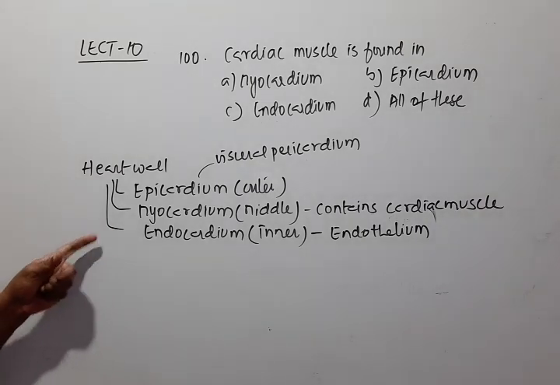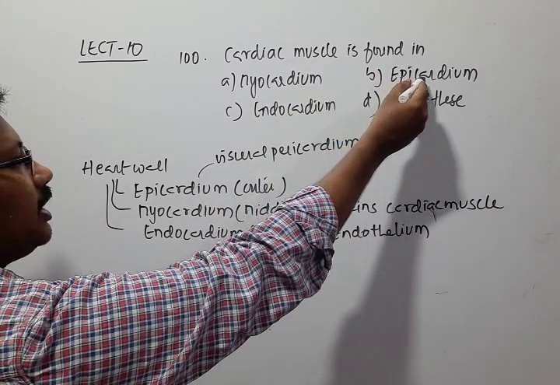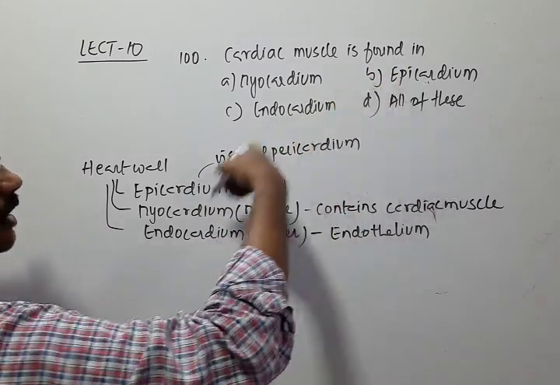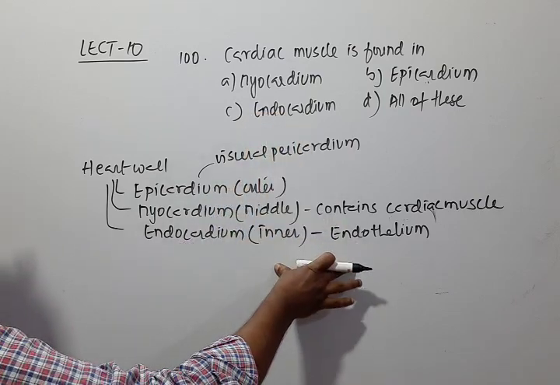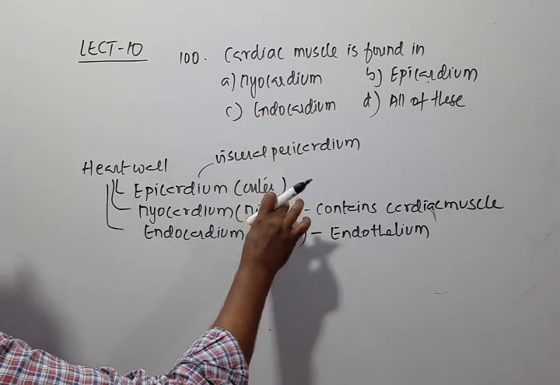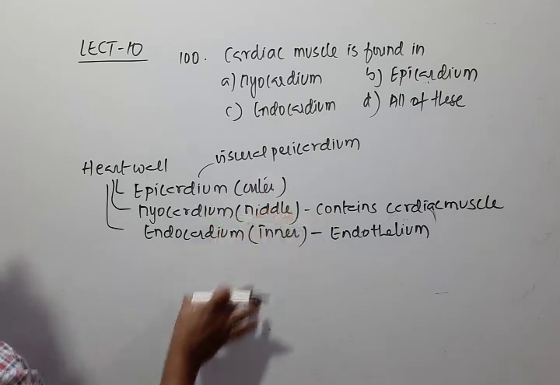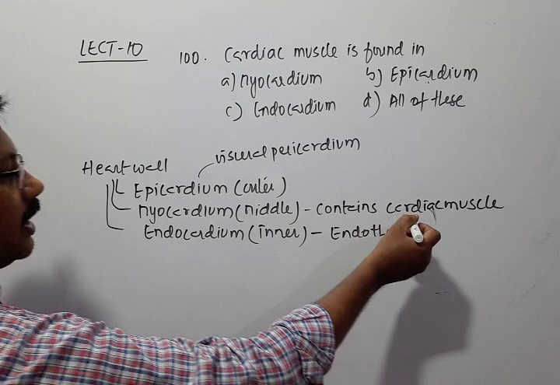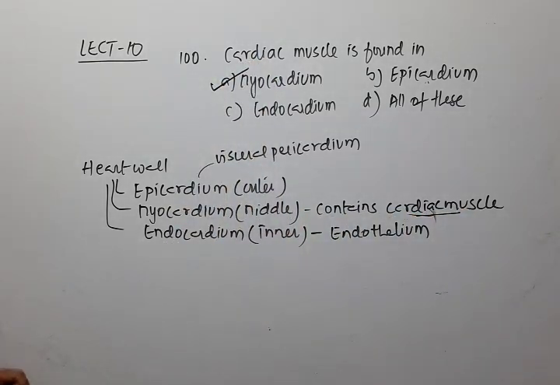Now the answer, as we have come to know, is that the cardiac muscle is not found in the epicardium, which is a thin layer that protects the heart. The endocardium is also a thin layer, and the middle layer, the myocardium, is the one that actually consists of cardiac muscle. So here the answer is myocardium.